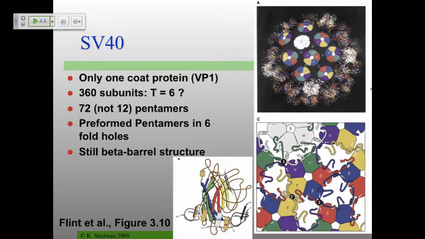It only has 1 coat protein. Nice icosahedrally symmetric particle, which is this particle right here. But instead of having the regular number of capsid proteins around the outside, it turns out to have 60 fewer than you expect it to have.